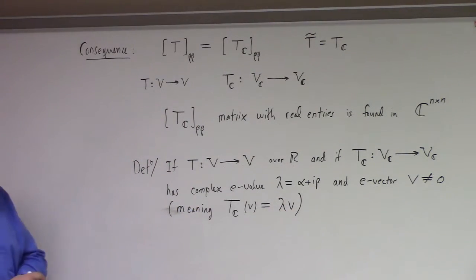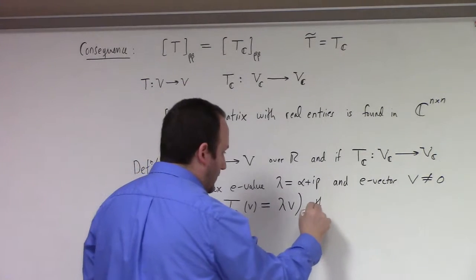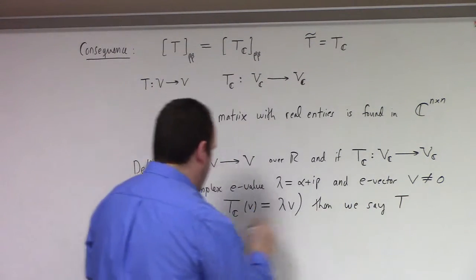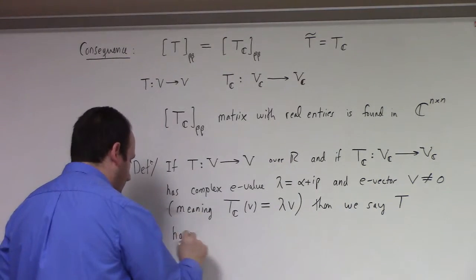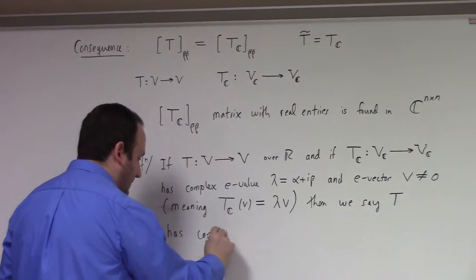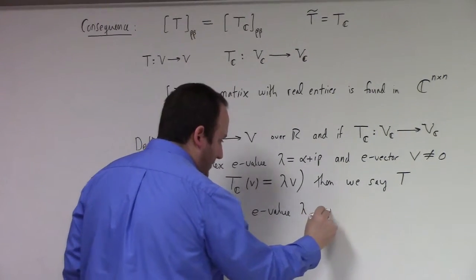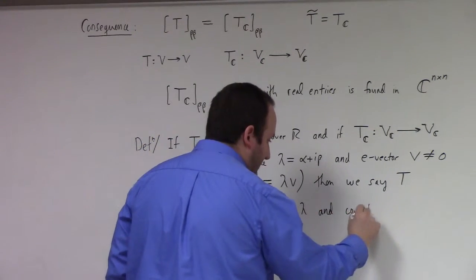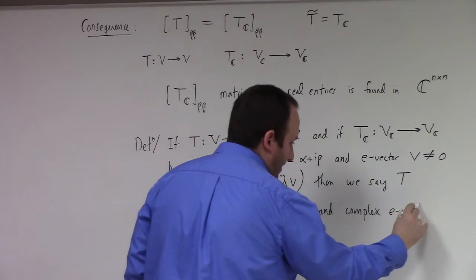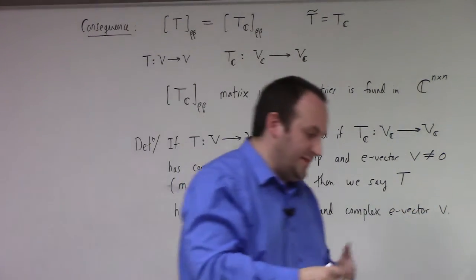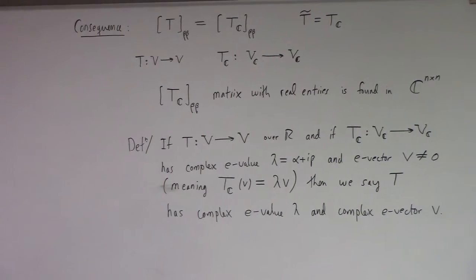Then we say T has complex eigenvalue lambda and complex eigenvector v. Now technically, if beta is not equal to 0, right?